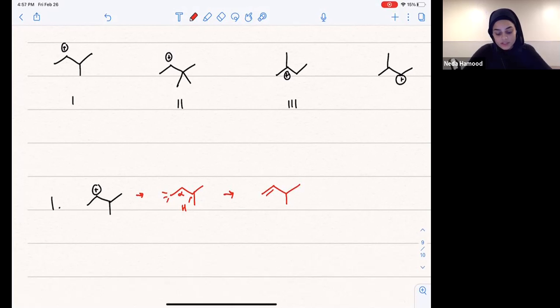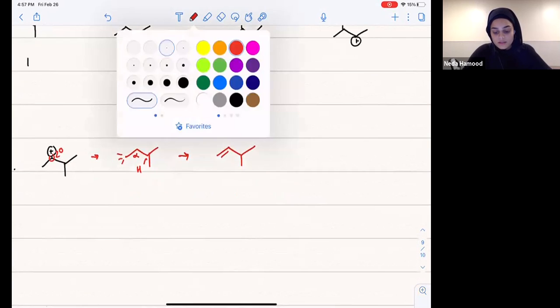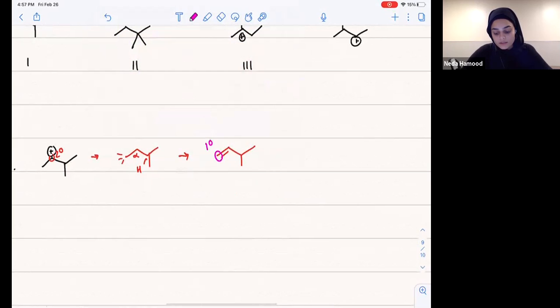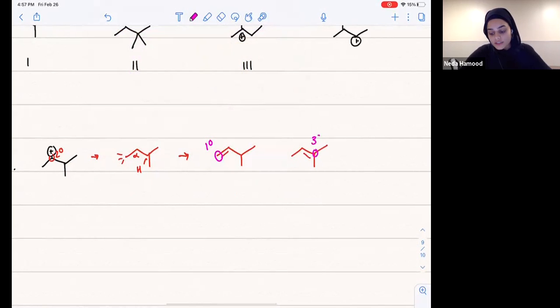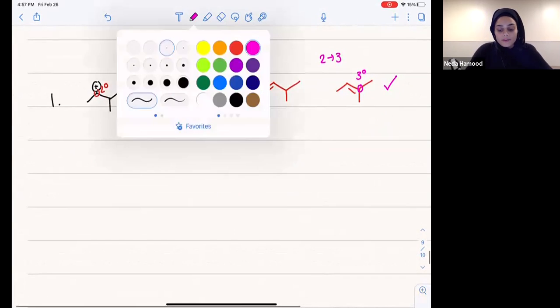Oh, I guess this is secondary, and this would be a primary. Or we would have this if it went the other way, making this a tertiary. So this one would definitely happen because you're going from secondary to tertiary.